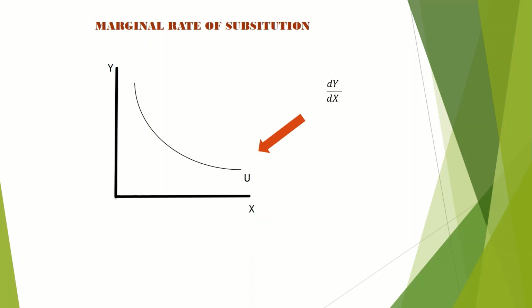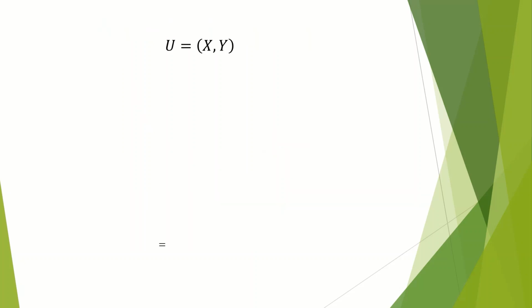Now, suppose you have the function U equals xy. U is a symbol that shows utility. So this shows that utility is dependent on good x and good y.